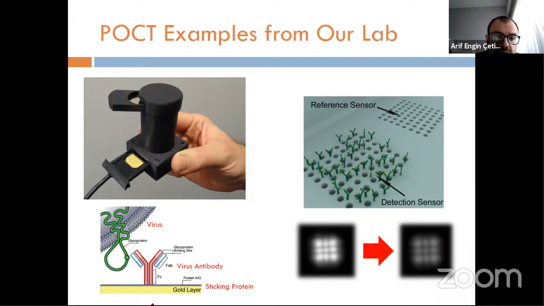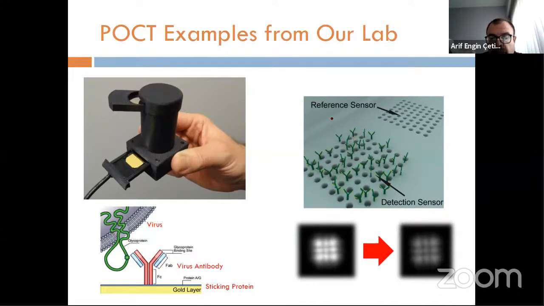So this is a portable optical imaging platform, a combination of an SPR platform, a surface plasmon resonance, and a camera. This platform uses a chip that is fabricated in a clean room environment, and this chip has nanometric size nanohole openings.